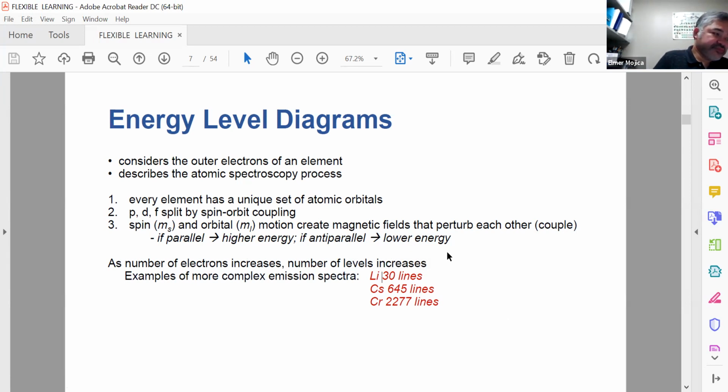So when we're talking about atomic spectra, we could say it involves a discrete energy transfer.